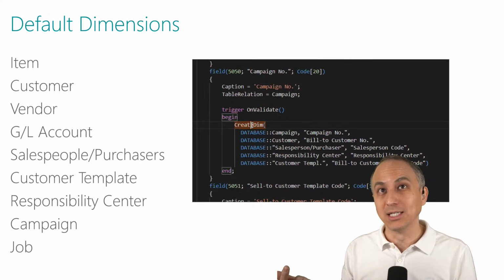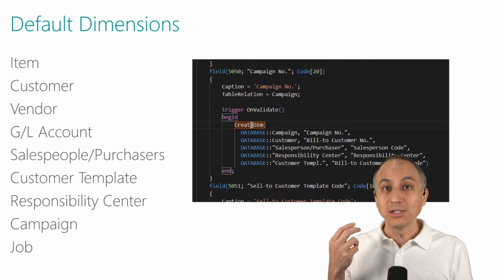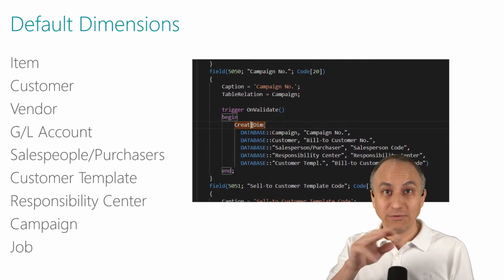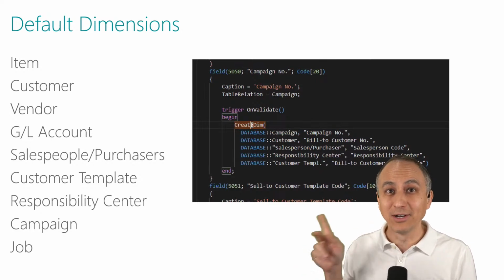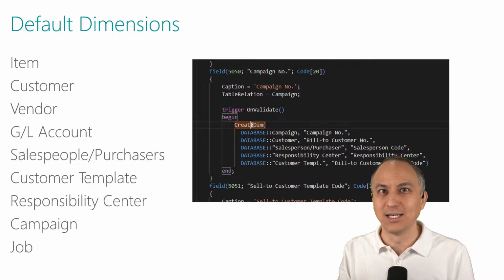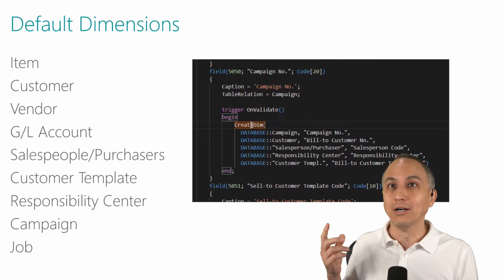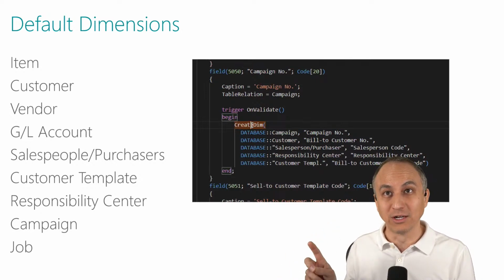If you're on the purchasing side, those can default from a vendor. Those can also default from a GL account if you're working with the GL account at the line level. It turns out, after digging through the Business Central code to figure out how these things are defaulting, we found they can default based on the salesperson or the purchaser configuration.